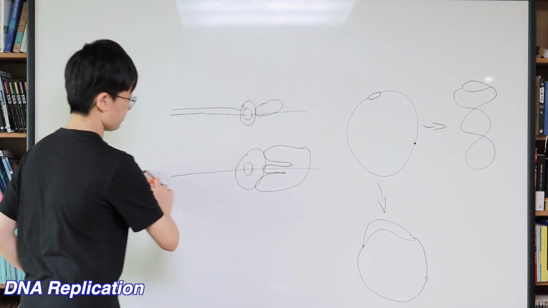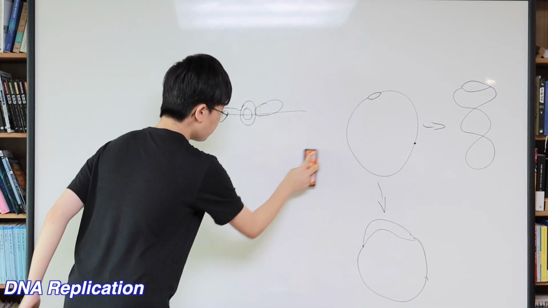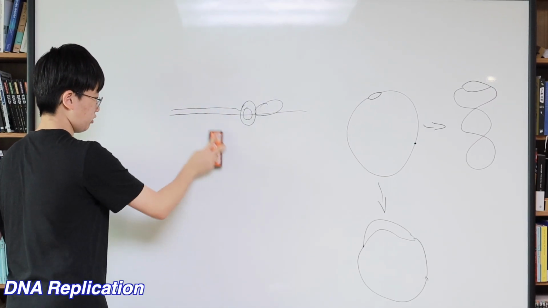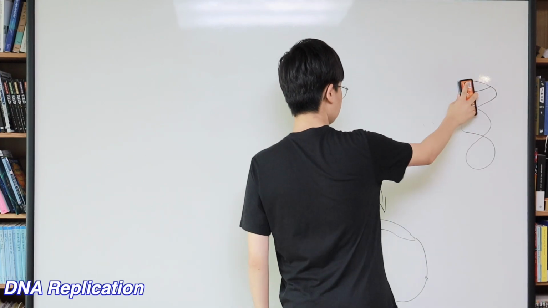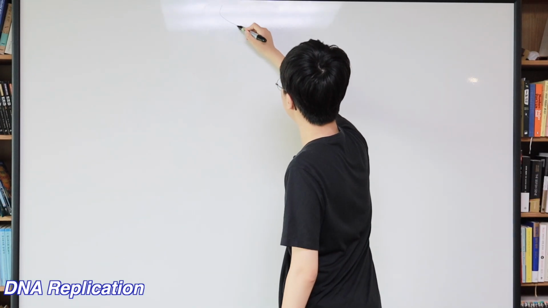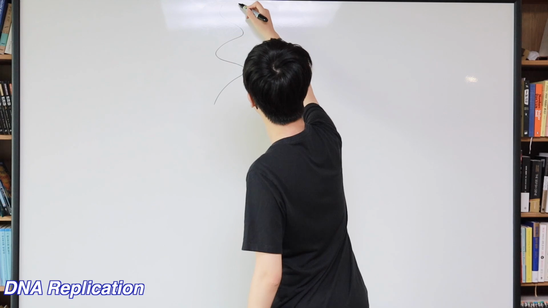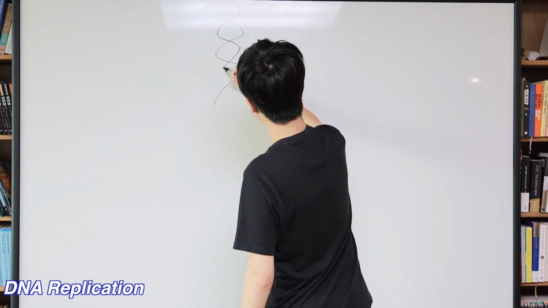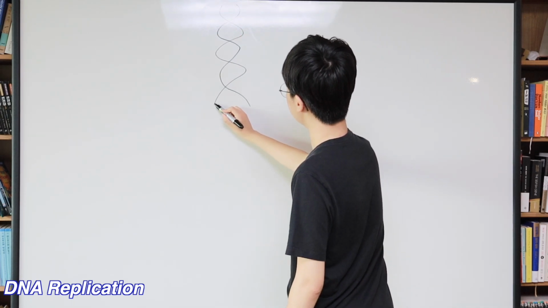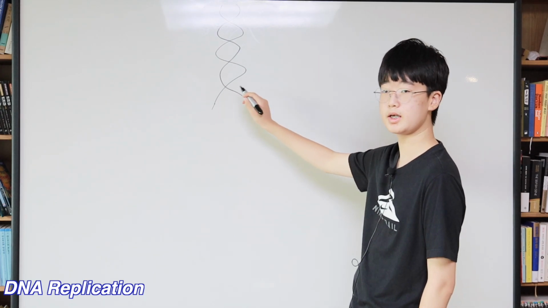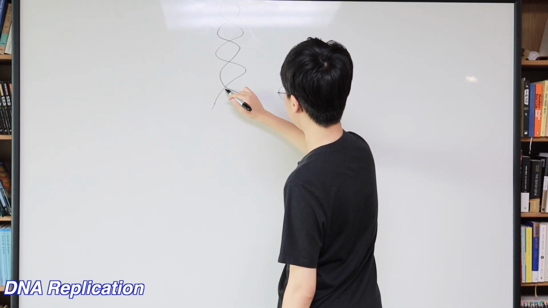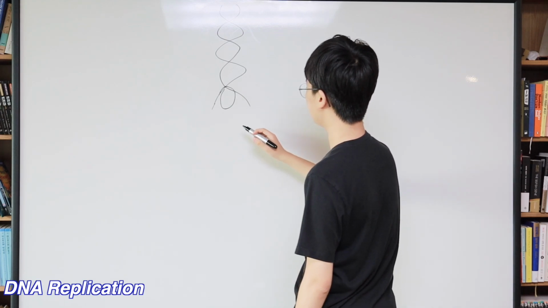So now let's summarize all the proteins. I'm going to draw the DNA a bit like this, and this is the replication fork, and here is the helicase.